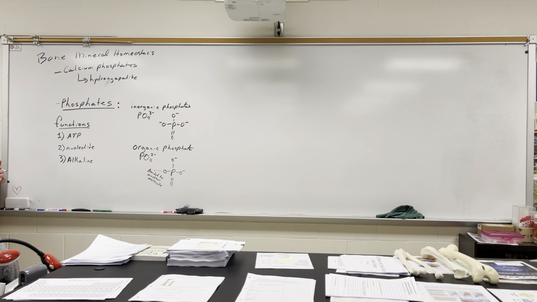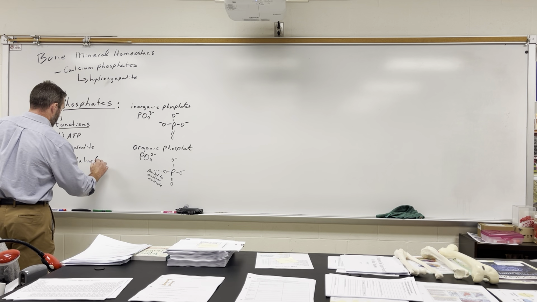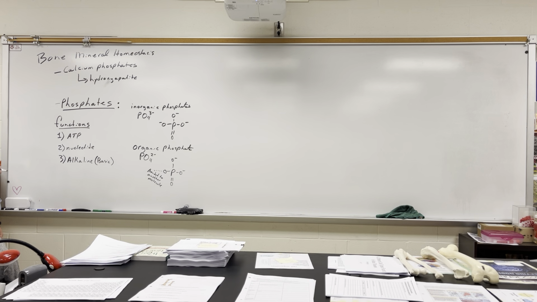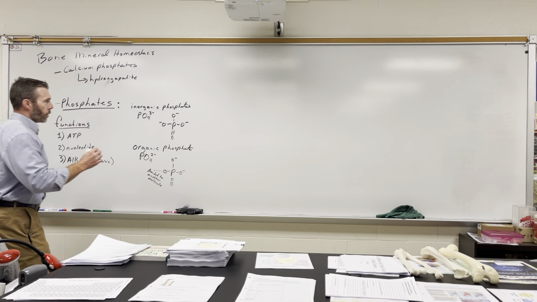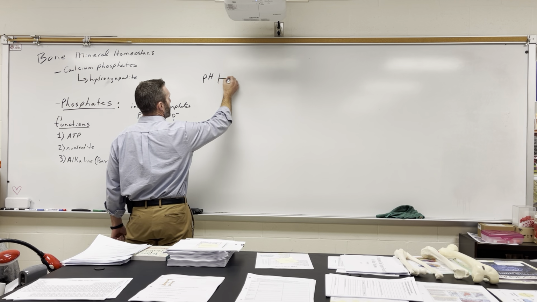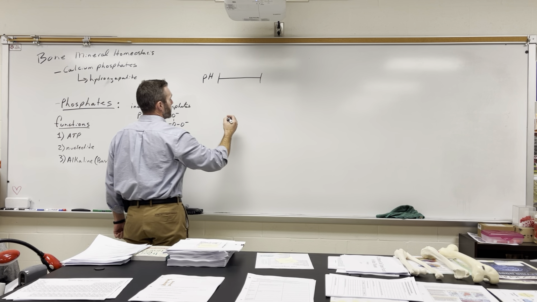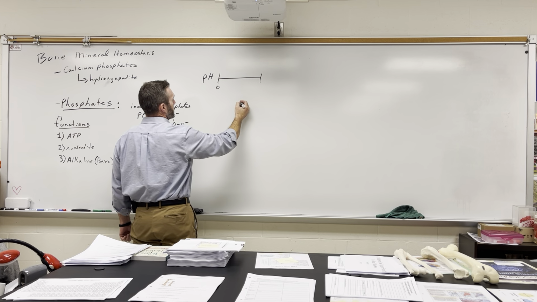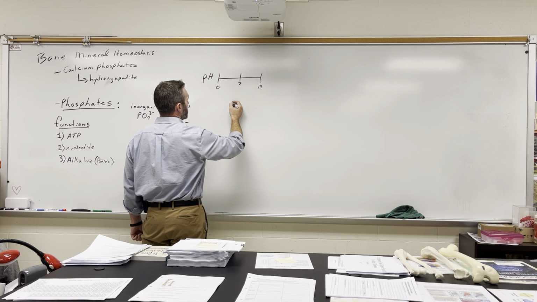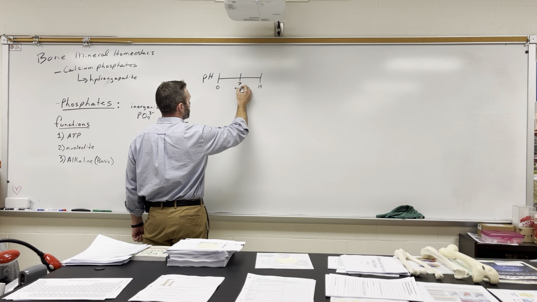Okay? And alkaline means it's basic. So when we talk about basic, then we get into this whole idea of a pH scale. Now, when we looked at pH before, or if you've done that in other classes like biology or chemistry, the pH scale is 0 to 14. 7 is right in the middle, and that is neutral.